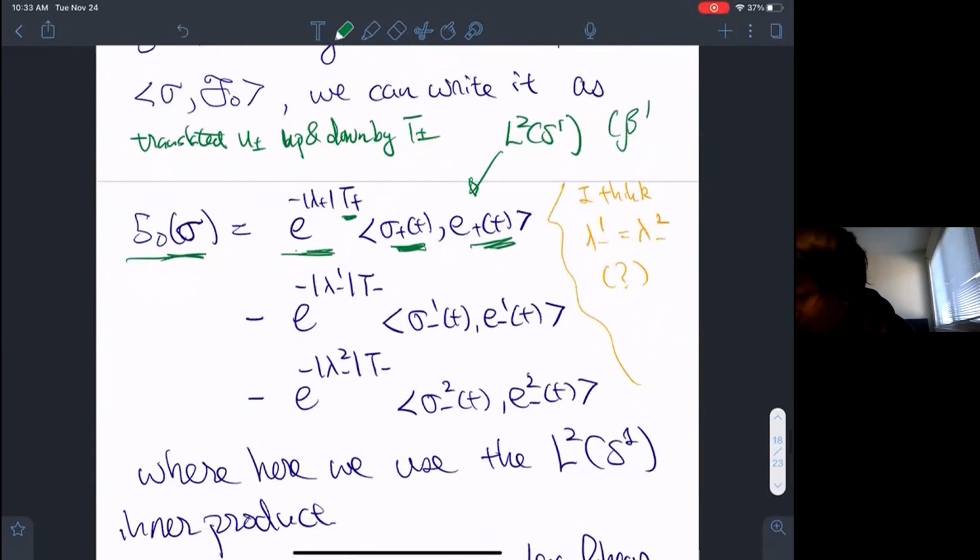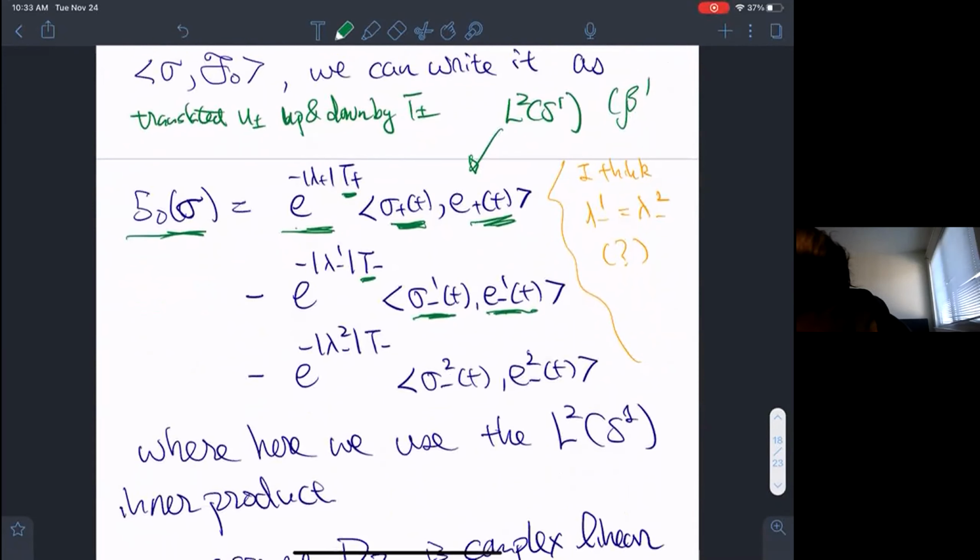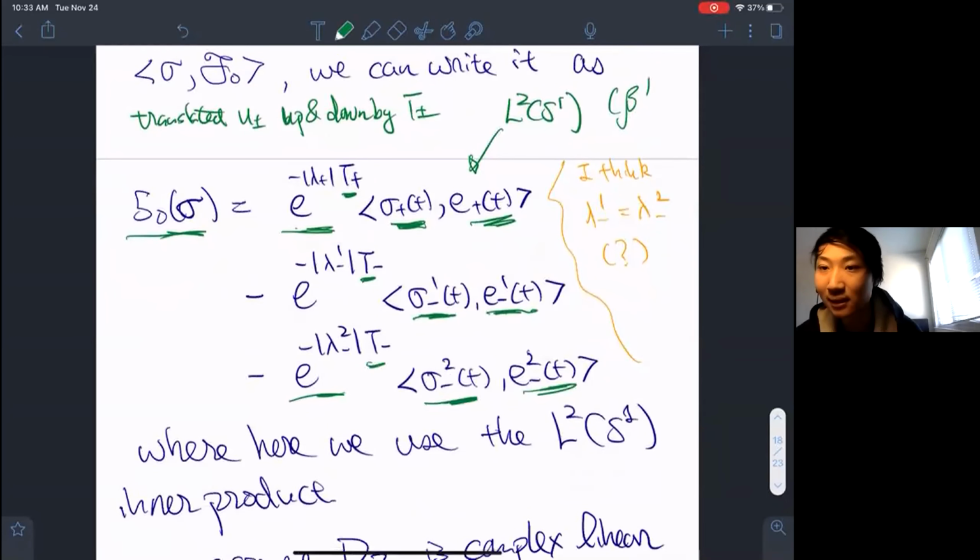And it's some exponential decay term that depends on t minus, and it's some pairing between sigma minus 1 and e minus 1 t. And there's sigma minus 2, and this is another pairing that's weighted down by another t minus.